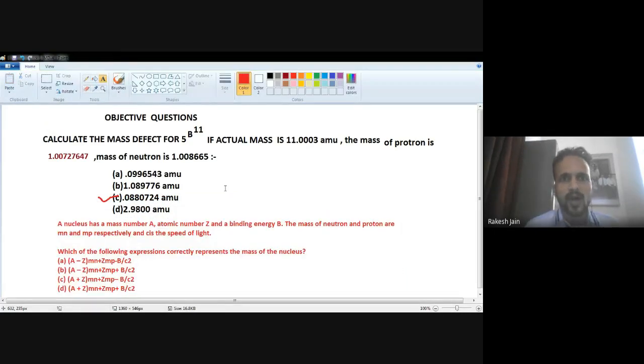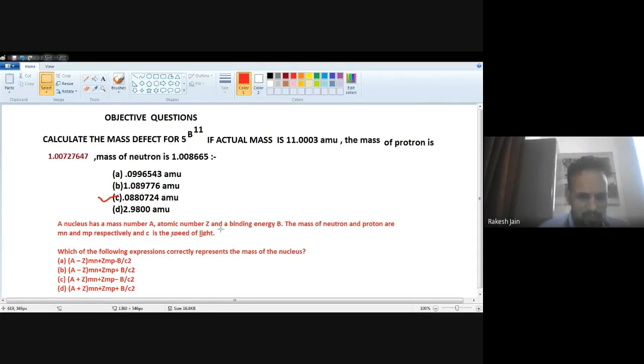A nucleus has a mass number A, atomic number Z, and binding energy B. The mass of neutrons and protons are Mn and Mp, where n and p are in subscript, so don't be confused, respectively. And c is the speed of light. Which of the following expressions correctly represents the mass of the nucleus?